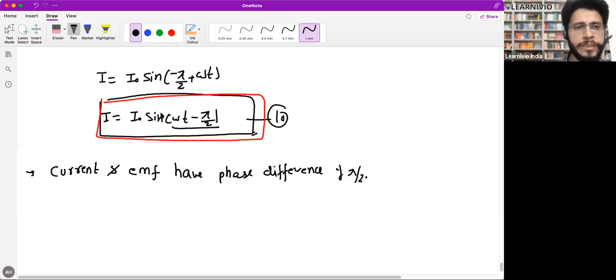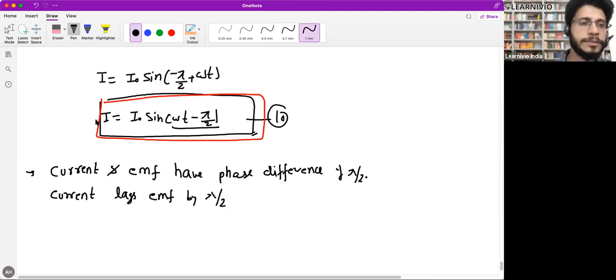Ahmed, which one leads and which one lags out of EMF and current? EMF leads and current lags. Current lags by pi by 2. You can see the current is omega t minus pi by 2.